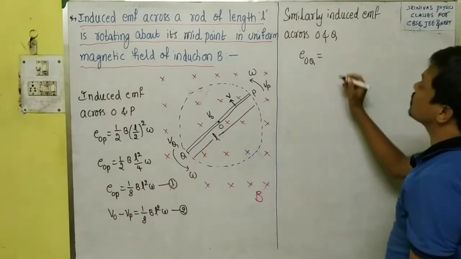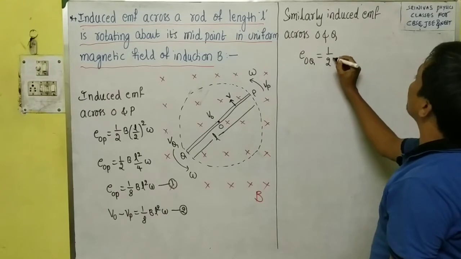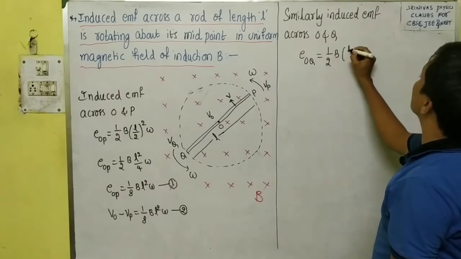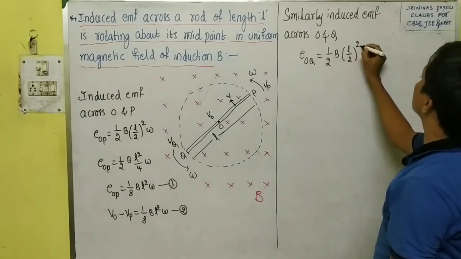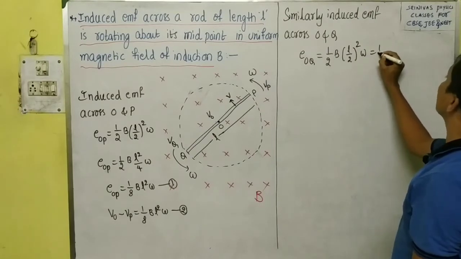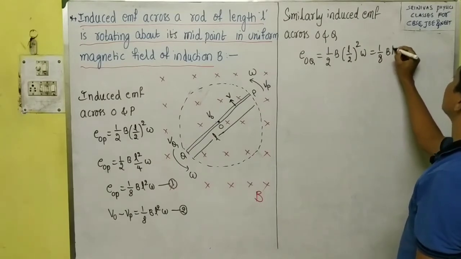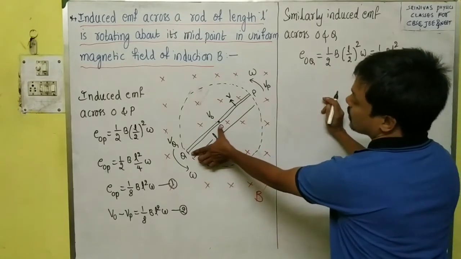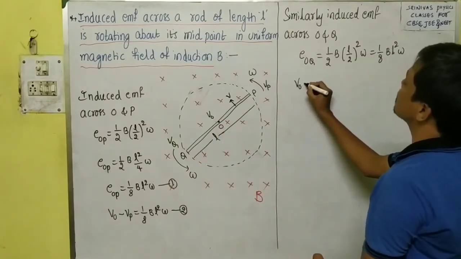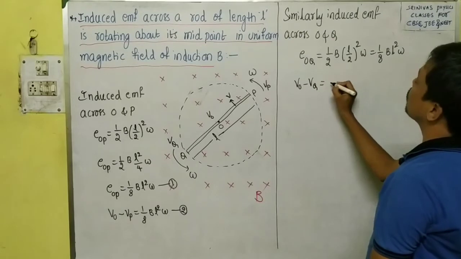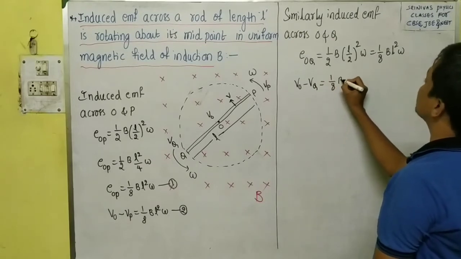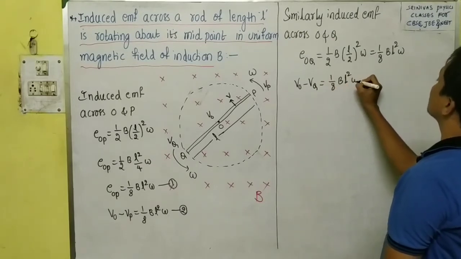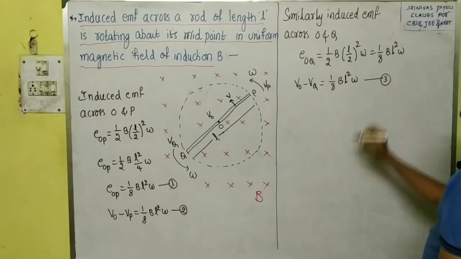Then we write half into B L square omega, with L as L by 2 squared, times omega. If you simplify this, we again get 1 by 8 B L square omega. The induced EMF across OQ is the potential difference VO minus VQ, that is 1 by 8 B L square omega. This is equation 3.